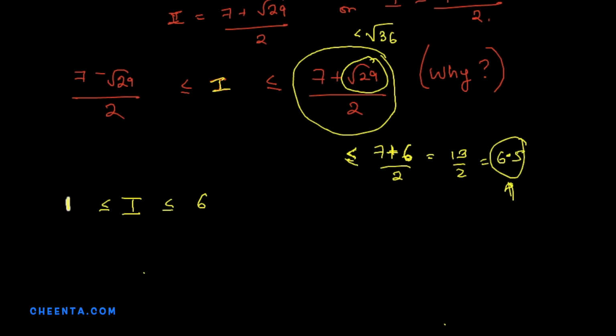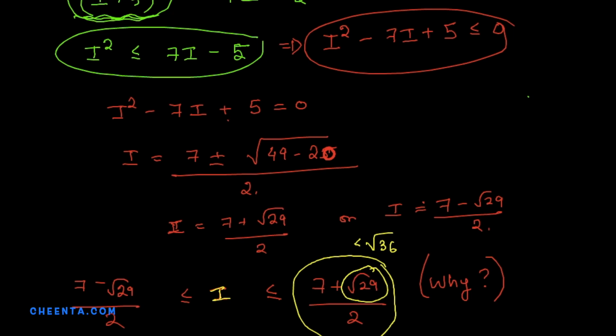Starting from 1, because we know that I is greater than 0. So starting from 1, if we check up to 6, that's it. No other integers greater than 6 will work. In the sense, if an integer is greater than 6, then this inequality will not work, and then the entire problem breaks down.